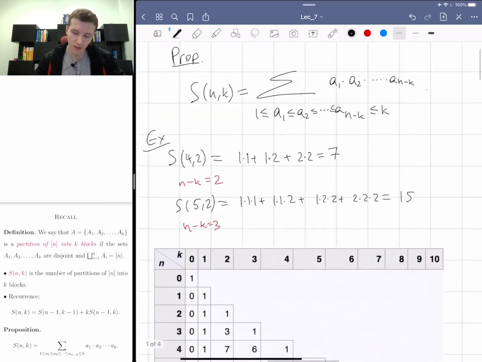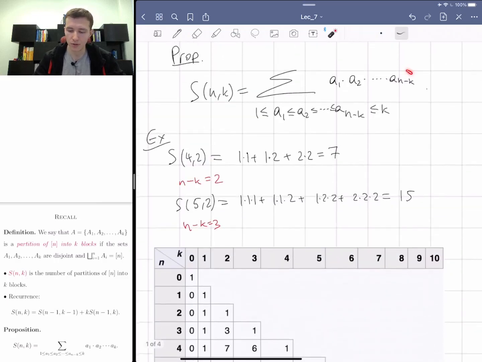But why it works is completely mysterious. I don't even know a bijective proof. I haven't thought about it, but it's really not clear. The right-hand side counts some sort of objects, and the left-hand side counts set partitions, so why are these two equal to each other? That's another nice trick that we're going to learn.